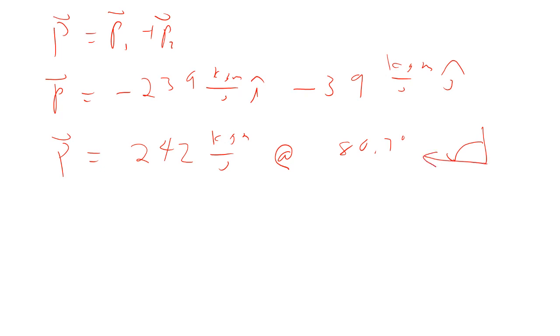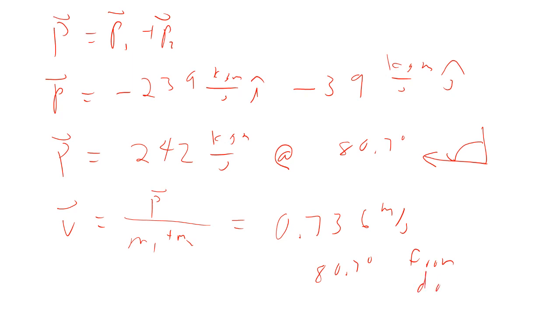The velocity vector is going to be m1 plus m2 divided into the final momentum. Again, the masses don't change, so this comes out to be 0.736 meters per second, and the angle is 80.7 degrees from downfield.